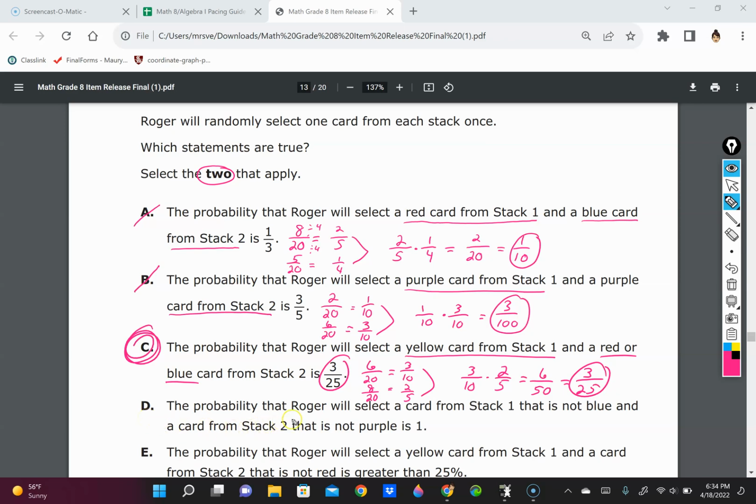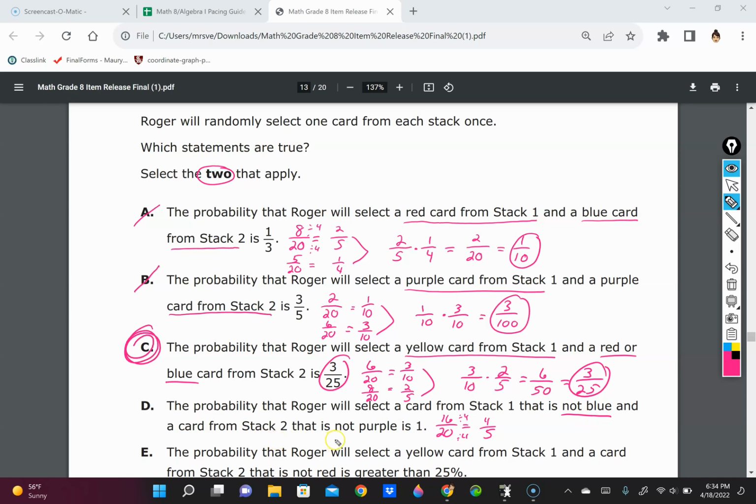D, the probability that Roger will select a card from stack 1 that is not blue. Okay, so we have 4 blue cards. I want everything but the blue cards. So that's 16 out of 20. That reduces down to, let's see, divide by 4, 4/5.